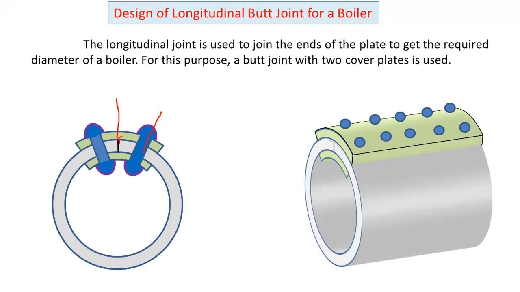The distance between the rivet nearest to the joint is margin M. Minimum distance is margin M, and the distance between two successive rivets is pitch, pitch of rivets.